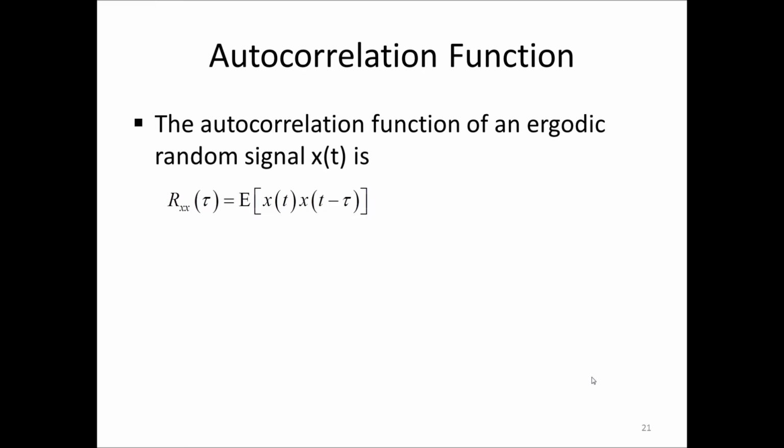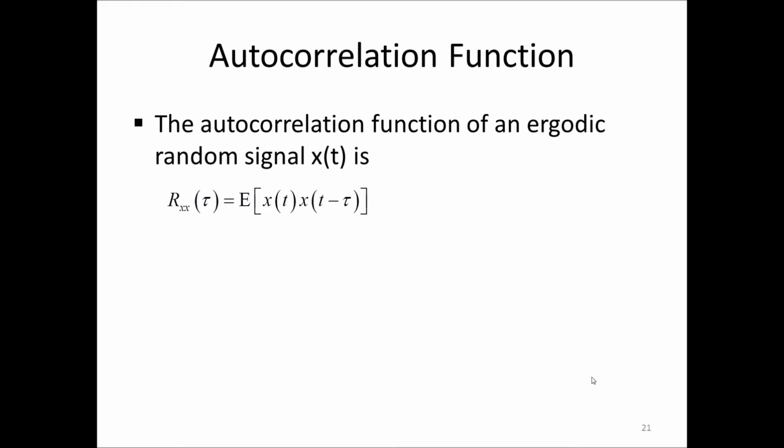So the autocorrelation of an ergodic random signal x of t is denoted R sub xx of the variable tau, the time lag. And it's defined as the expected value of x of t times x of t minus tau, a shifted version of x of t, shifted tau seconds to the right.